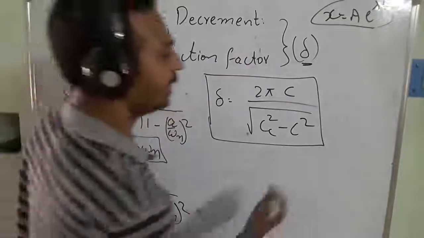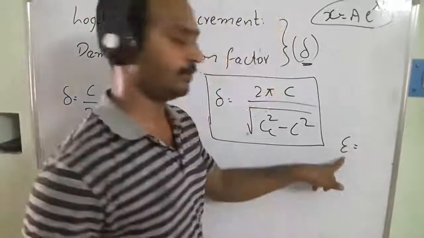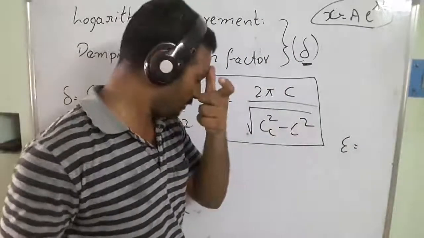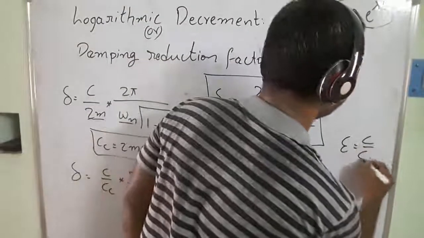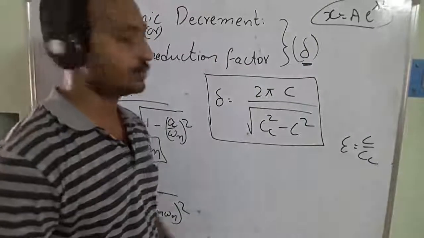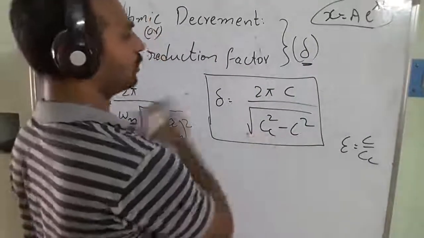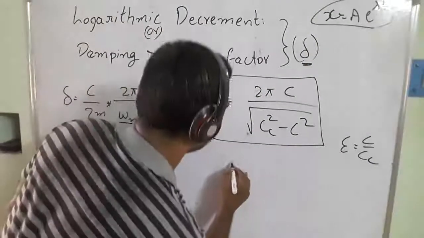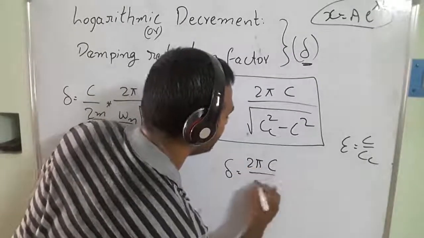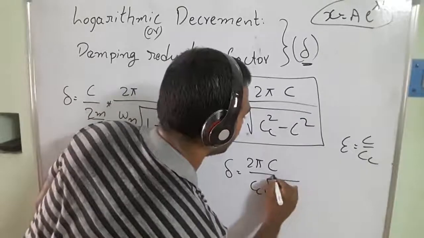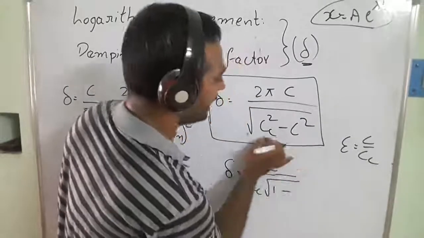The same thing we can define in terms of epsilon. What is the epsilon here? That is called the damping ratio. The damping ratio is equal to C by Cc. So then I am going to take the root out of this part. Delta is equal to 2 pi C by Cc, the square root of 1 minus (C by Cc) square.